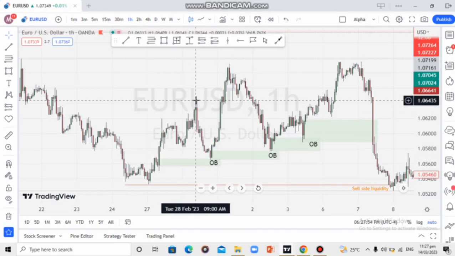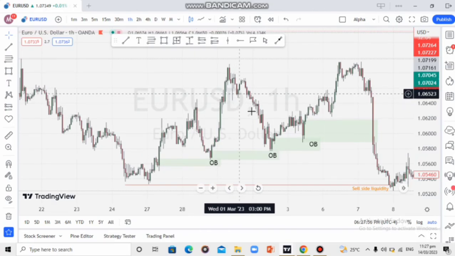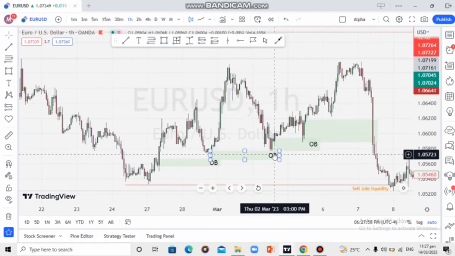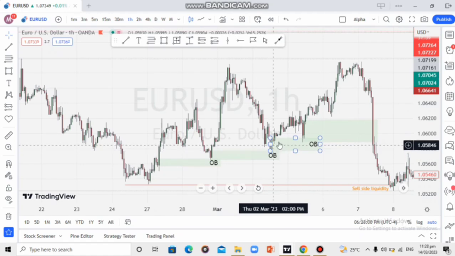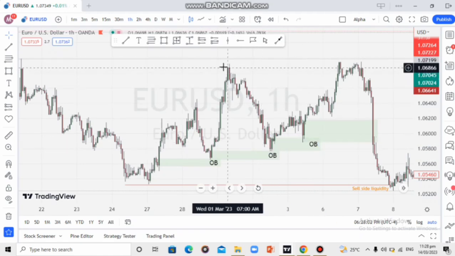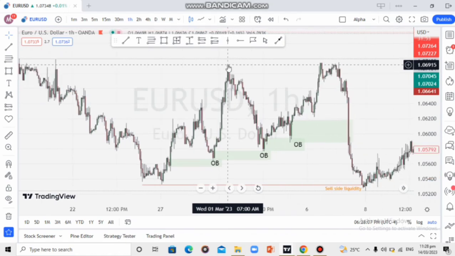Price broke market structure, came back, tapped into it just at the tip, and then exploded to take out this buy side. Now watch this closely.